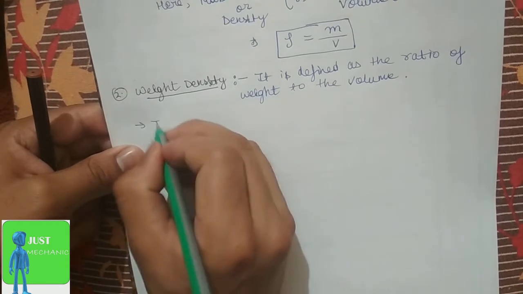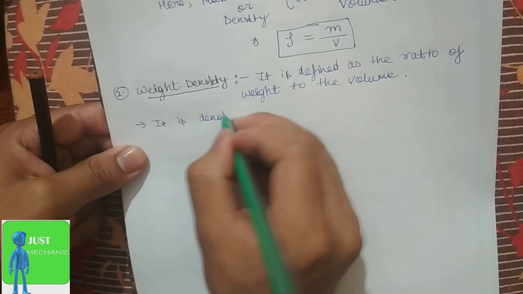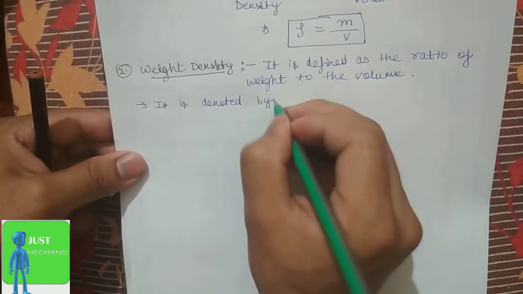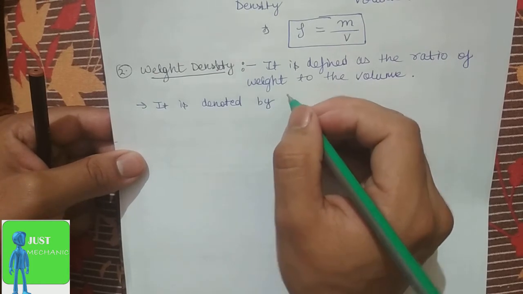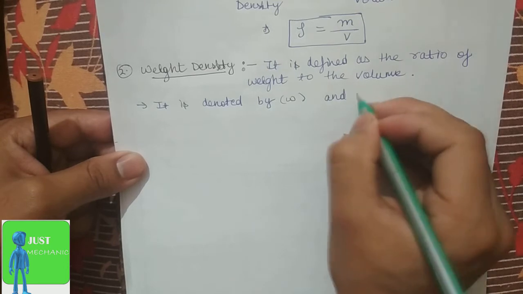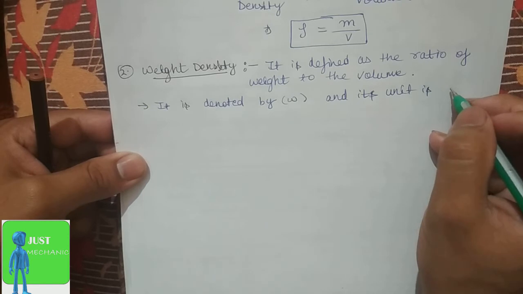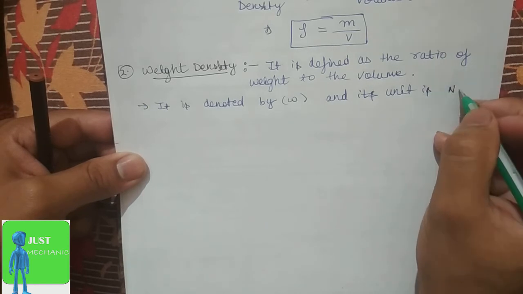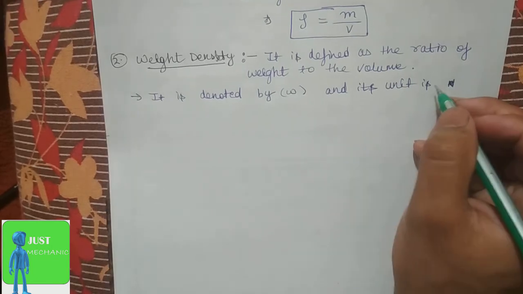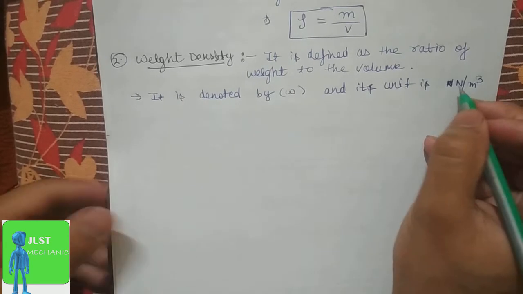It is denoted by small w, and its unit is Newton per meter cube.